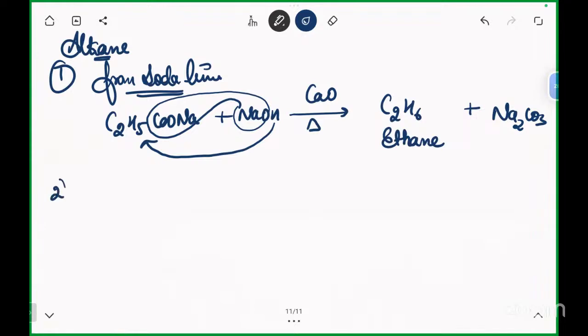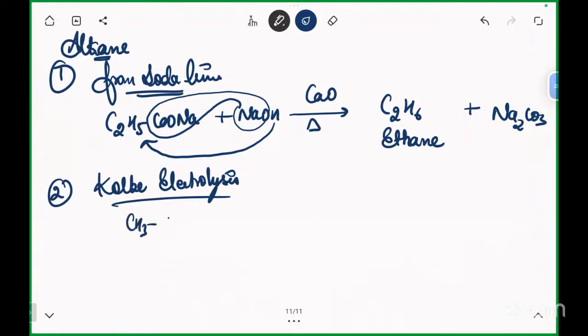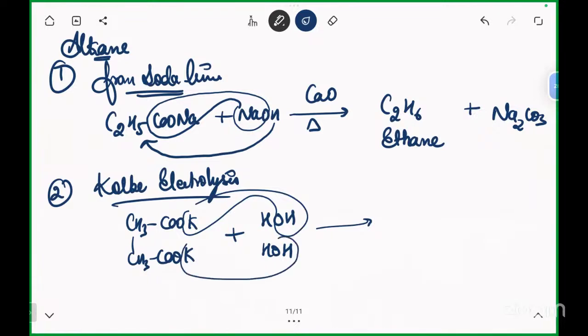Okay. Second, we can use Kolbe electrolysis. You don't need to remember the anode cathode reaction, just remember the main reaction. So CH3COOK, CH3COOK, we are using the potassium salt. When it reacts with water, I'm writing HOH for water, what will happen? This K will take one OH, this K will take one OH.